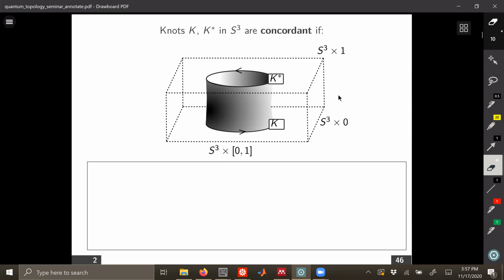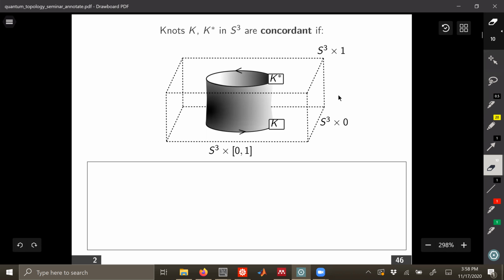Two knots K and K star in the three sphere are said to be concordant if you take a copy of one of them, say K in S3 times 0, and a copy of the other one, say K star in S3 times 1, and there's a properly embedded annulus between the two of them in S3 times [0,1]. You can do this either in the smooth or topological setting. Here we'll just talk about the smooth case for the most part.